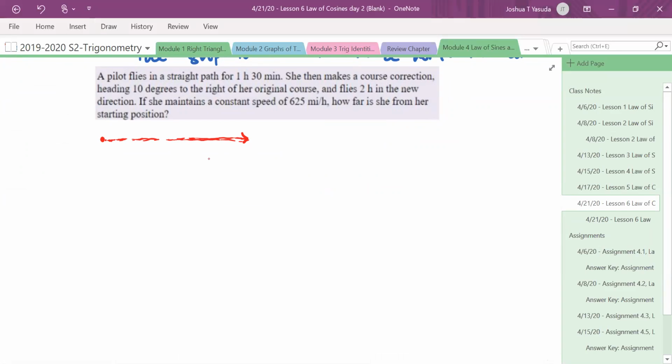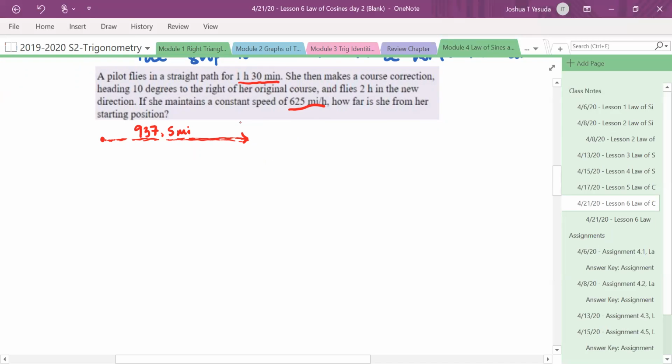So to figure out how far she went, 625 times 1.5 is going to be 937.5 miles. Hopefully that makes sense. Distance equals rate times time. So 1.5 hours times 625 miles an hour will tell you how far she went. So she went that far for her first part.